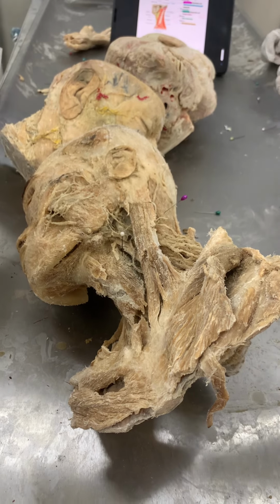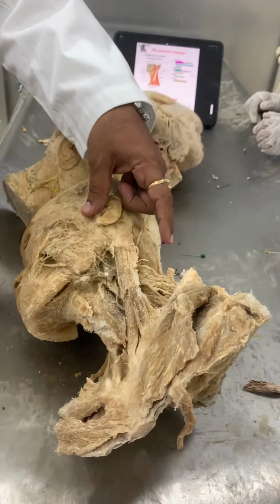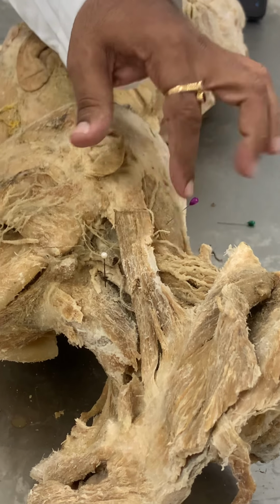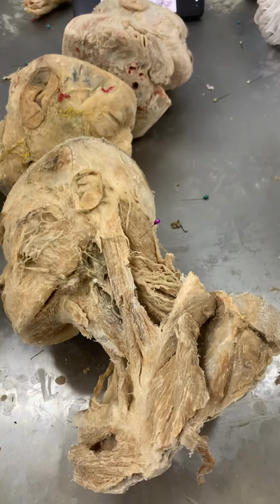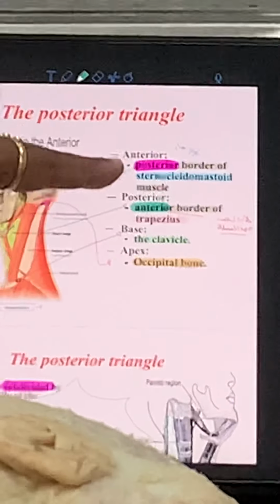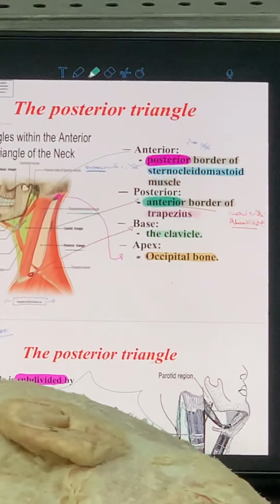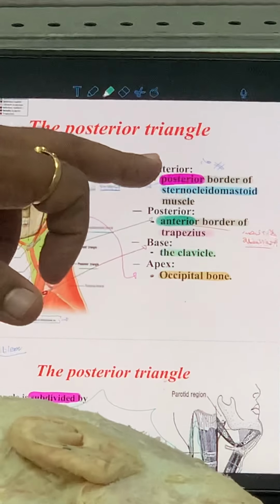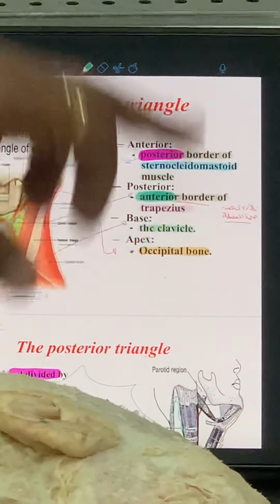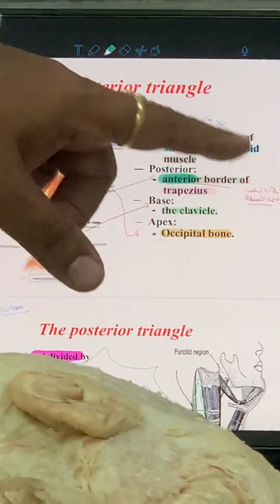Now the question: identify the pointed structure. So this is posterior triangle. Then name these borders: anterior border, posterior border, base and apex. So you have to write accordingly.